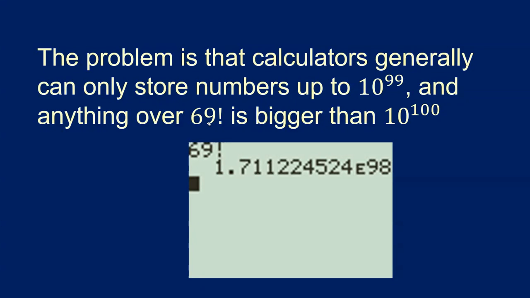But if you try to do anything bigger than 69 factorial, it's going to be too big. 69 factorial ends up involving 10 to the 98th power. If you go over 100, 10 to the 100th power, it's going to be too big. If you try to do 70 factorial, you'll get an error because it's bigger than what your calculator can handle. And 93 factorial is way too big.